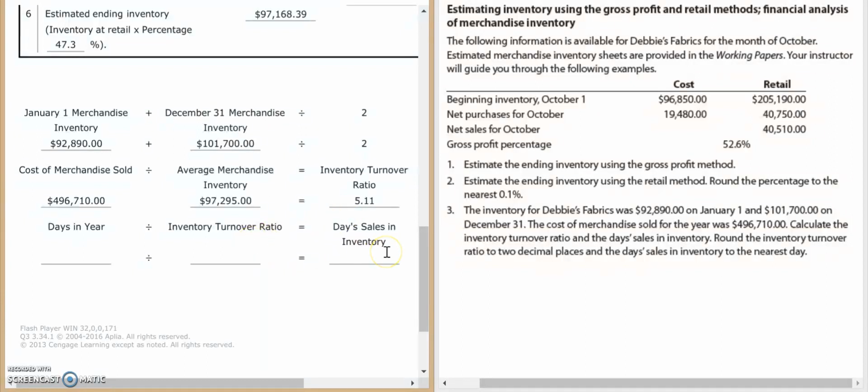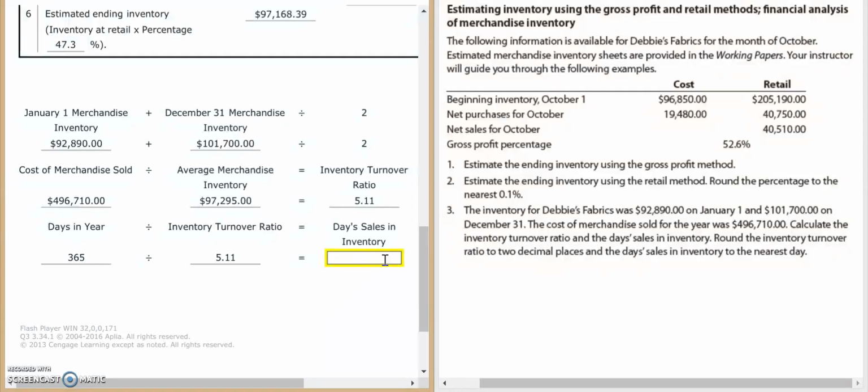So to find the number of days that that inventory sits there, we take our days in a year, which is 365, divided by our inventory turnover ratio we just found, which is 5.11. When we do that calculation, we again want to round to the nearest day. So if you're taking 365 divided by 5.11, you get 71.42.